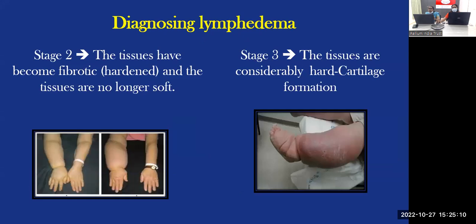If you don't take care of stage 1 lymphedema, then it goes to stage 2. In stage 2, the tissues have become fibrotic and hardened, and the tissues are no longer soft. The third stage is where the tissues are considerably hard and cartilage formation will be there.